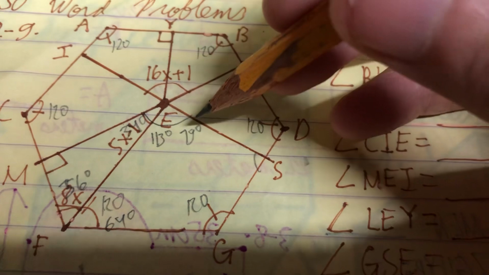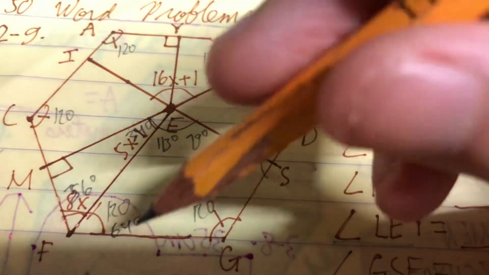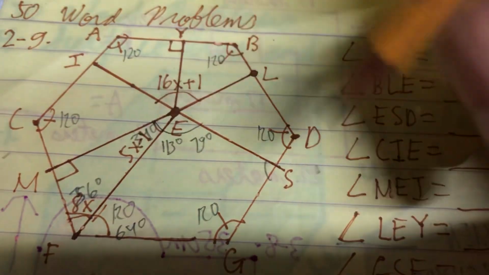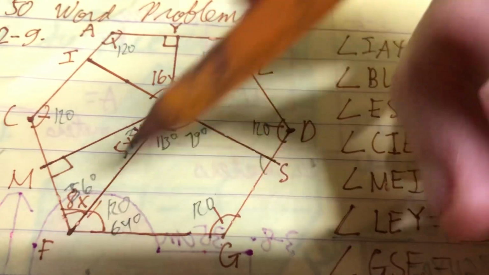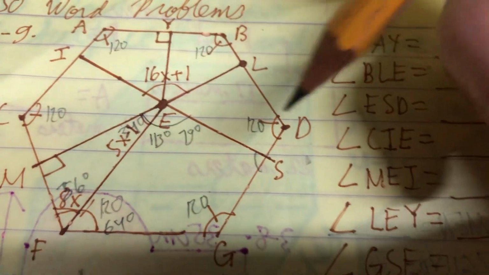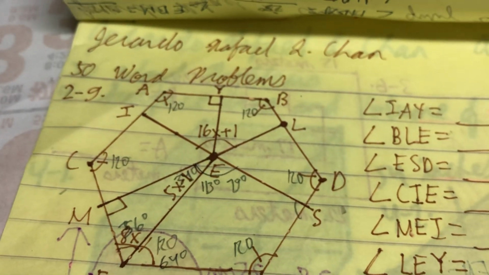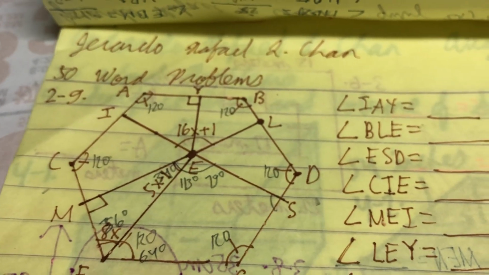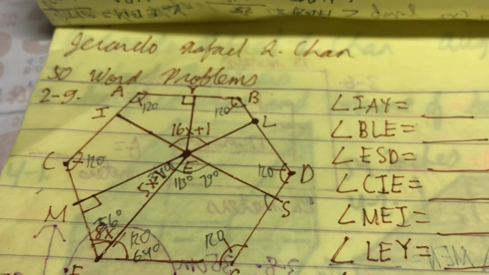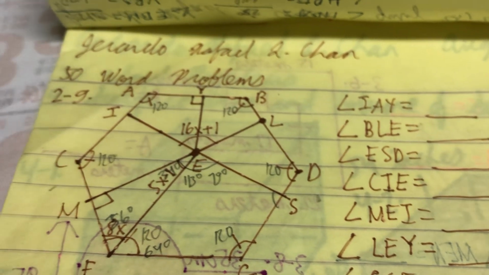Alright? Now, we can solve for the remnant angle, which is this one. Look at this. 79 plus 120 plus 64. Did you know this is a quadrilateral? This is a quadrilateral, right? So you can apply the 360, the formula when it comes to solving for the sum of interior angles of a quadrilateral. So 79 plus 120 plus 64. What's the answer? Let's do it.